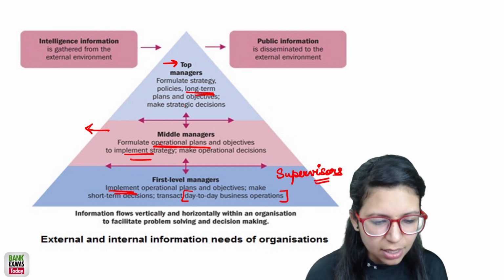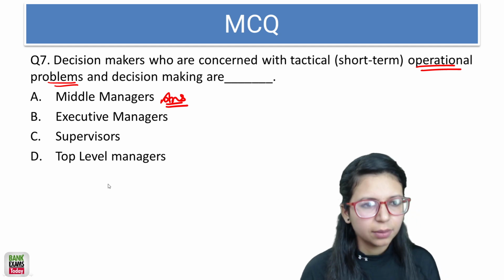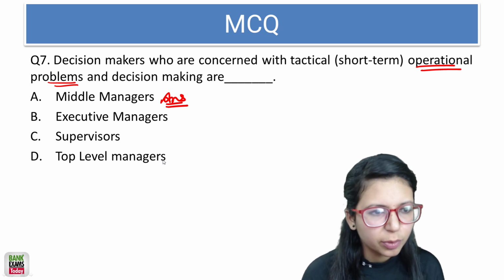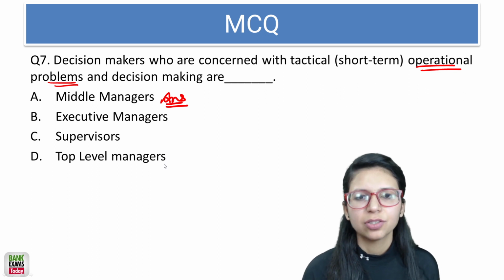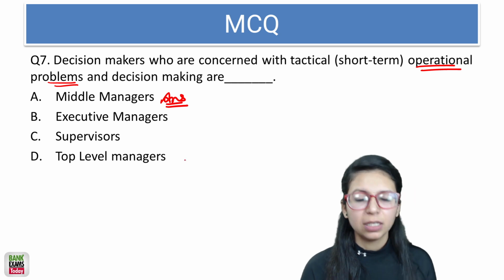So the answer is A, middle managers. Now the wrong answers, D and B, the supervisor, are wrong. The correct answer is middle managers. So operations are tackled by middle managers.